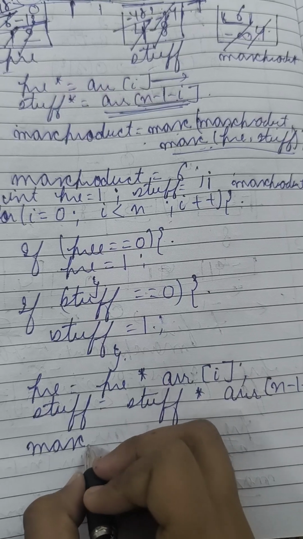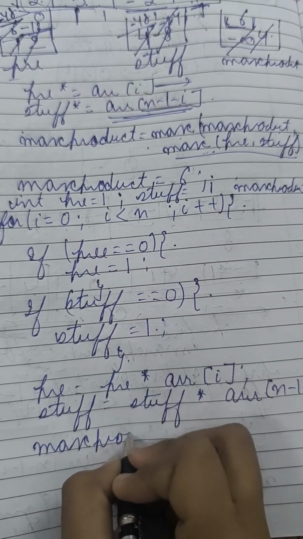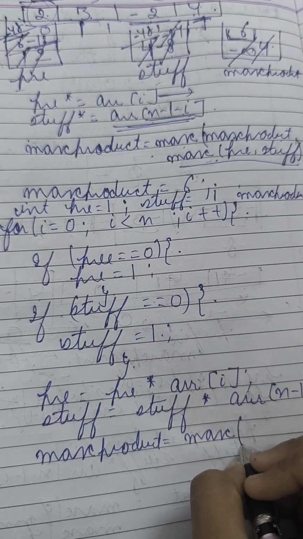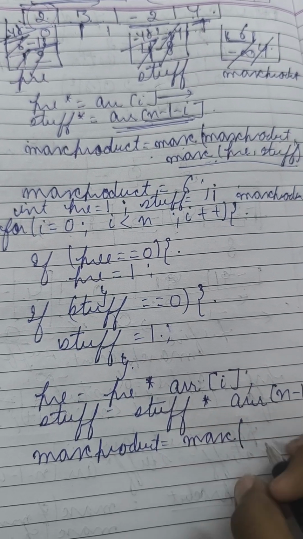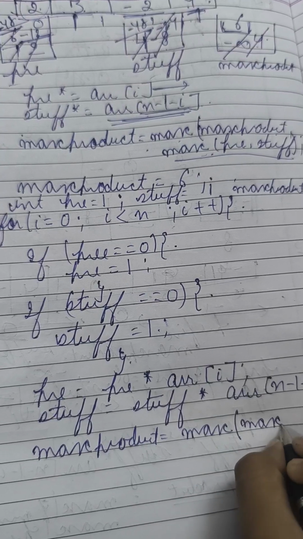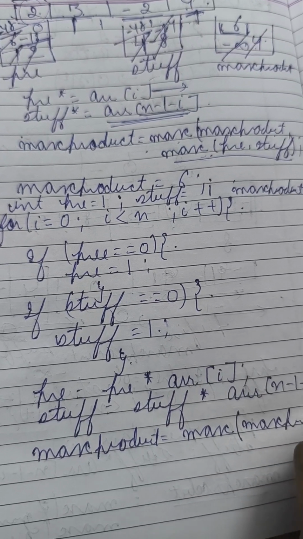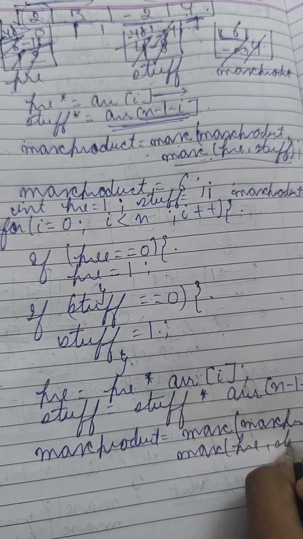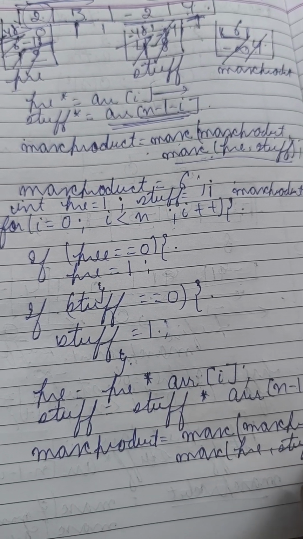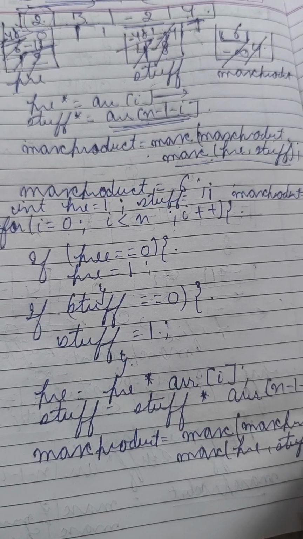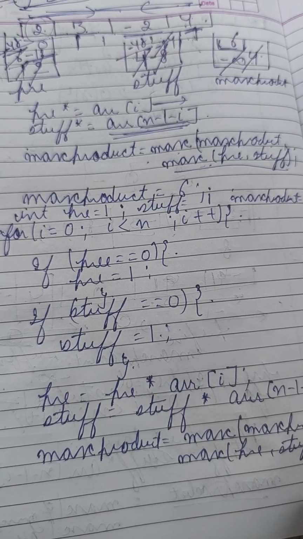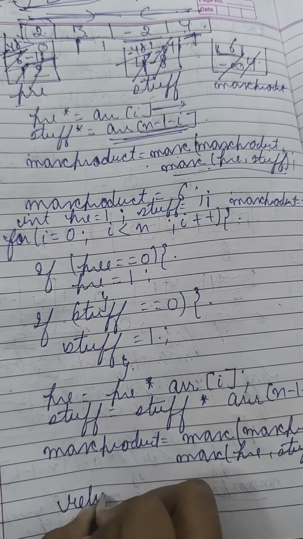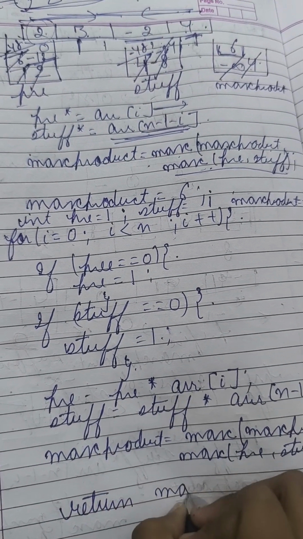So max product equals maximum of max product and maximum of pre comma stuff. And then I am going to return max product.